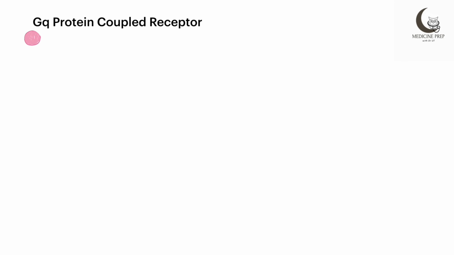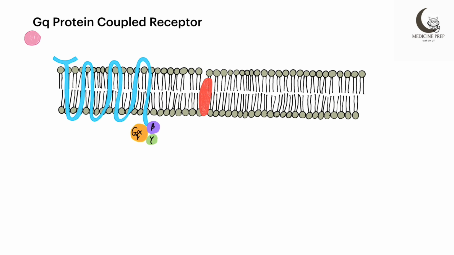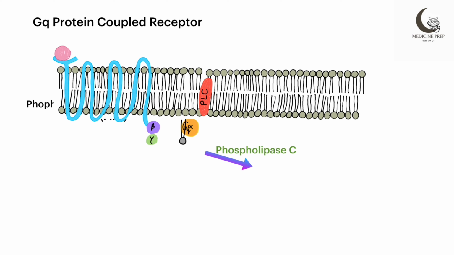Now, coming on to the GQ protein, which activates an enzyme called phospholipase C, which is present in the plasma membrane of the cell. Phospholipase C will cut the phospholipid called phosphatidyl inositol 4,5 bisphosphate into 2 molecules, inositol triphosphate and diacylglycerol.